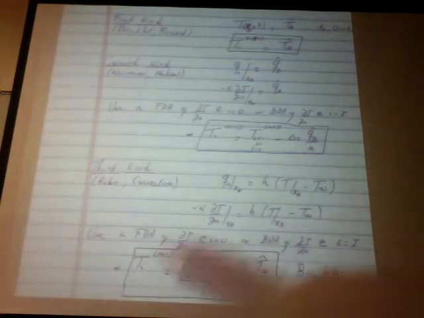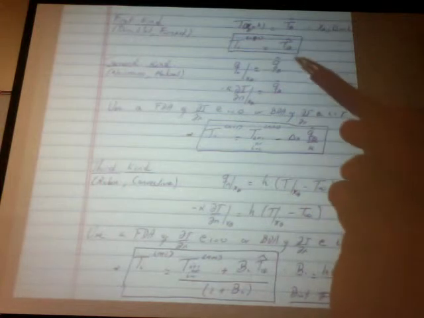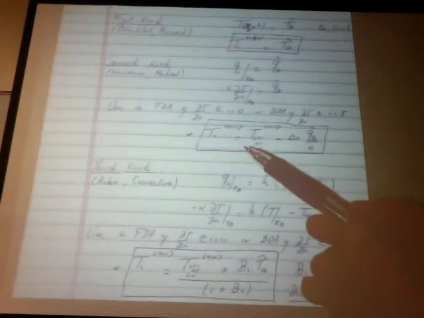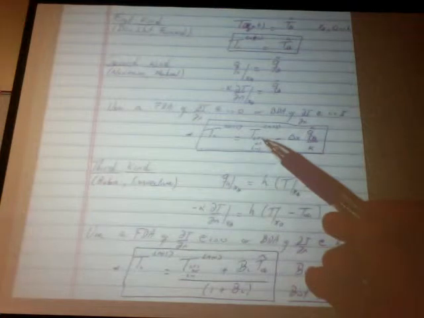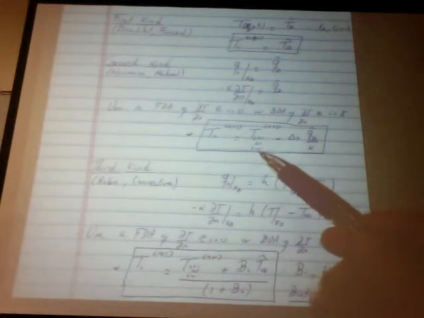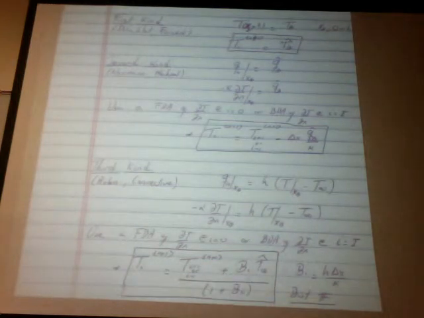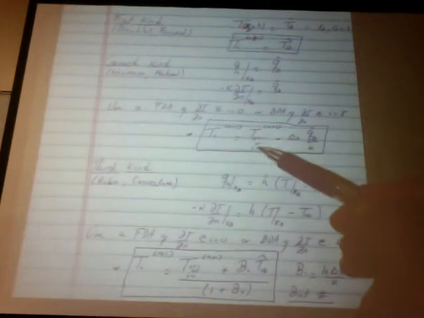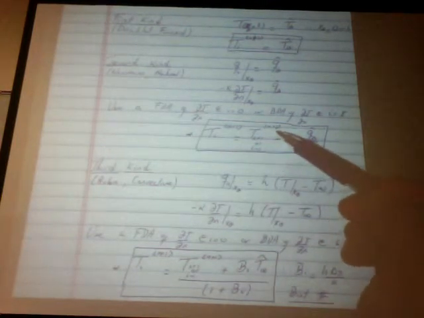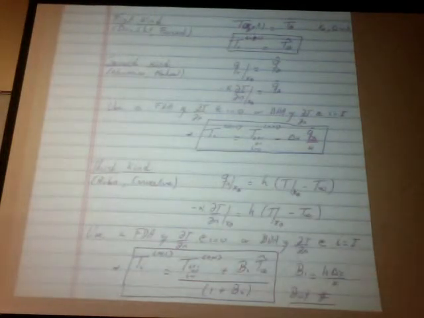Whether you have first kind, second kind, or third kind: if you know the temperature, that's the easiest one. If you know the flux, then you do this. On the first node, you use i plus 1, and on the last node, you use i minus 1. And if you have third kind of convection, you apply this condition right here. Knowing that, you already know T_(i+1) or T_(i-1) at the next time level, n plus 1. Alright? And that is surprisingly easy to implement. I'll show you in a MathCAD spreadsheet in a minute.